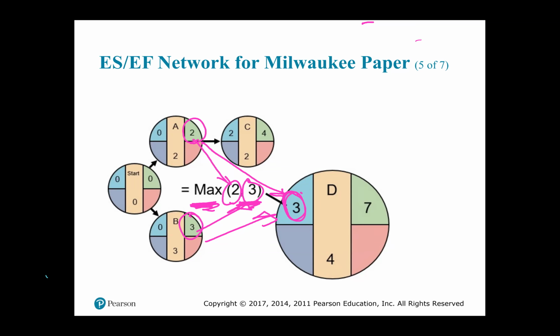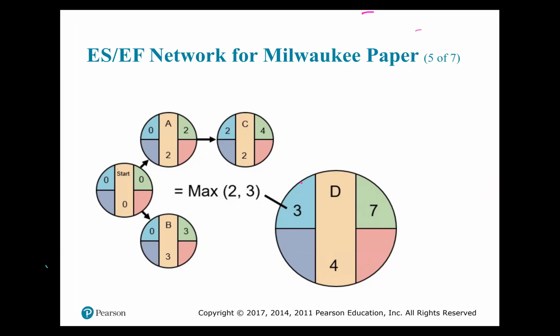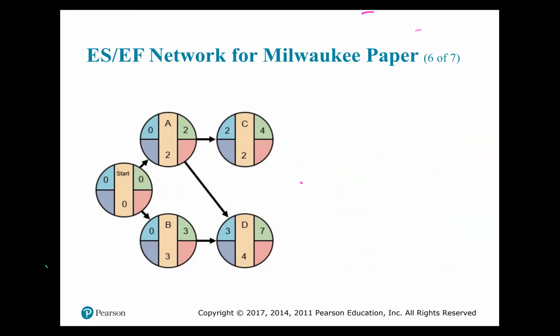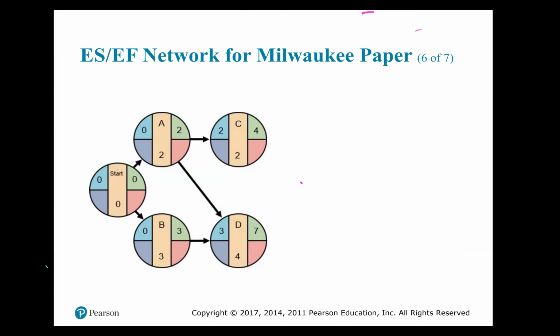So I'm giving you a second to think about that. I'm going to erase the page and then turn the page. What you have now in D is that we took the maximum of the early finish of A and B. We compared 2 and 3, and we took the maximum of 3.